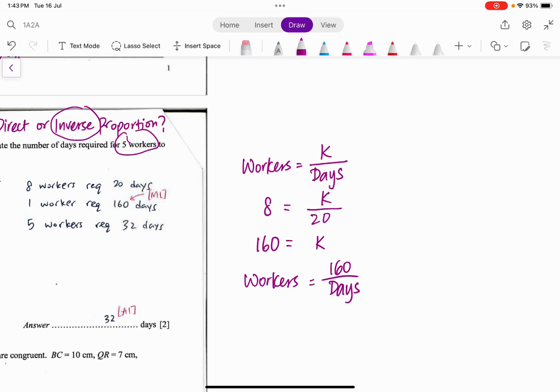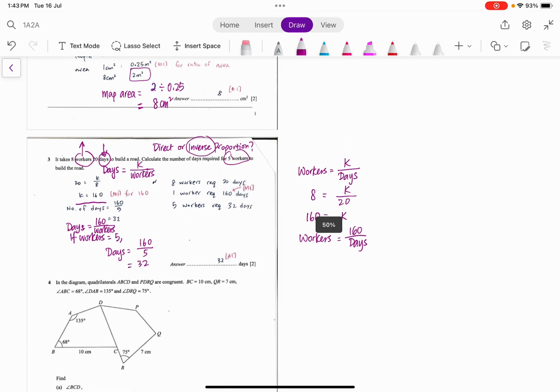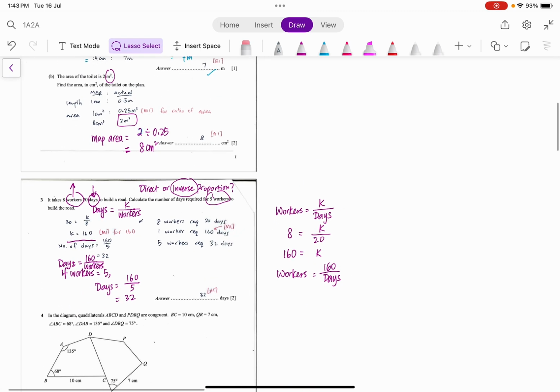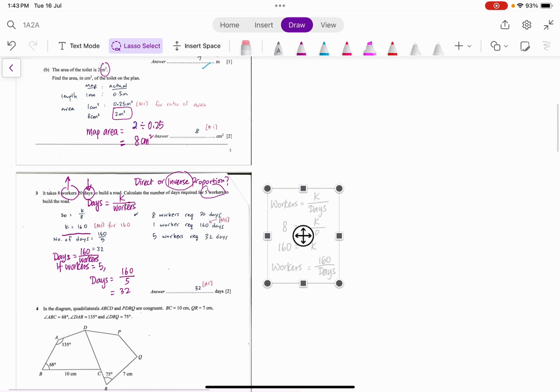This is the same. You will arrive at the same answer as this. Okay. So either way, if it's inversely proportional, whether you start off with days or you start off with workers, also the same. Also can. So we never restrict you. Both are going to arrive at the same answer.